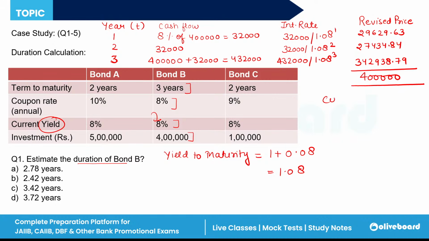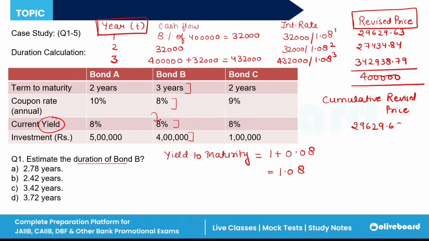Now we have to find the cumulative revised price. How do we calculate it? By multiplying the revised price with the year. In the first case we got 29,629.63.